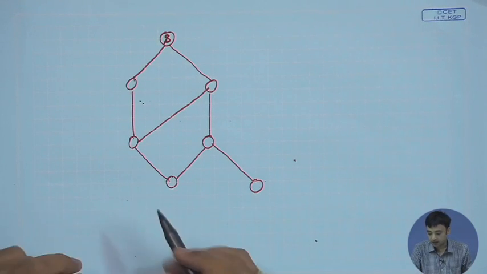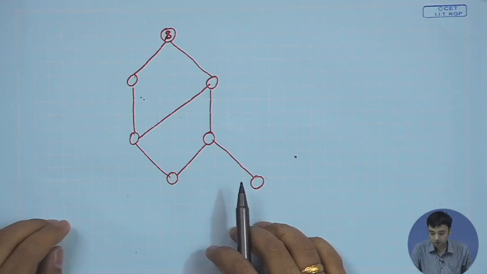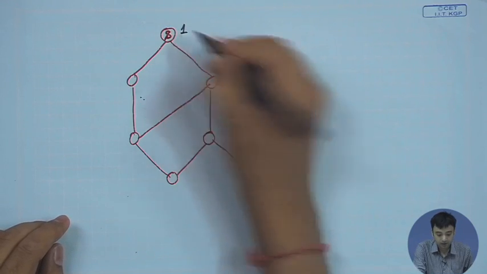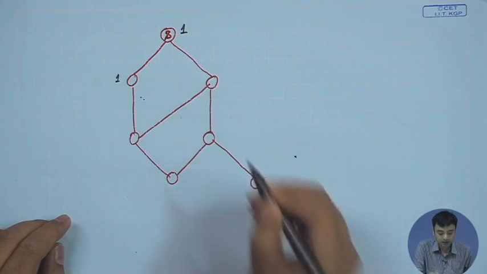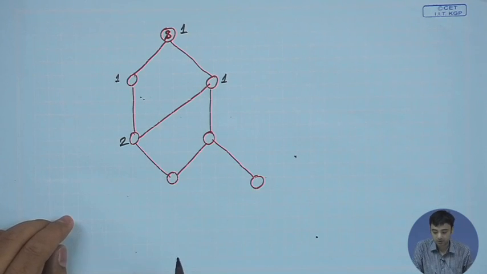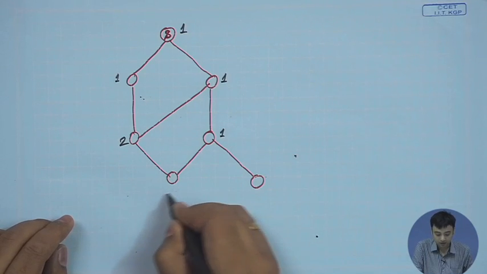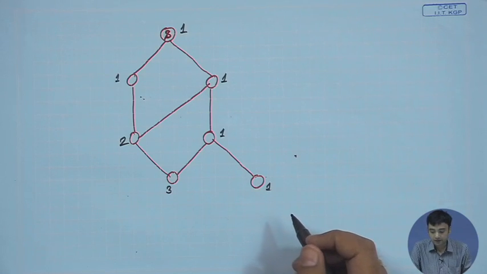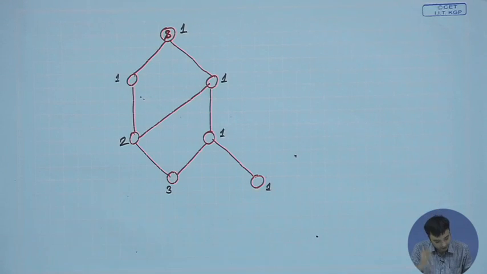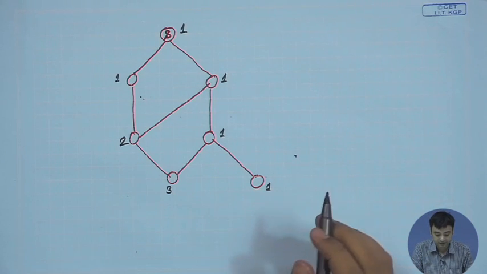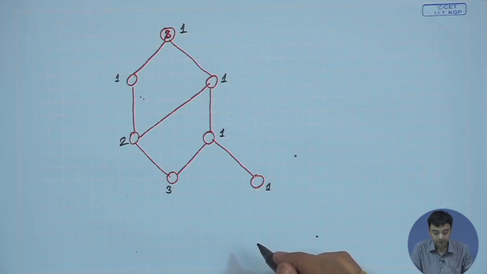As per the algorithm, we still have the distances, and we will initially assign the weights. The weight here is 1, here also 1, here 1, here it becomes 2, here 1, here 3, and here 1. This is the first part of the algorithm, through which we set the distances and the weights on the vertices. Once we have the weights on the vertices set, now we have to calculate the contribution of the edge betweenness factors.